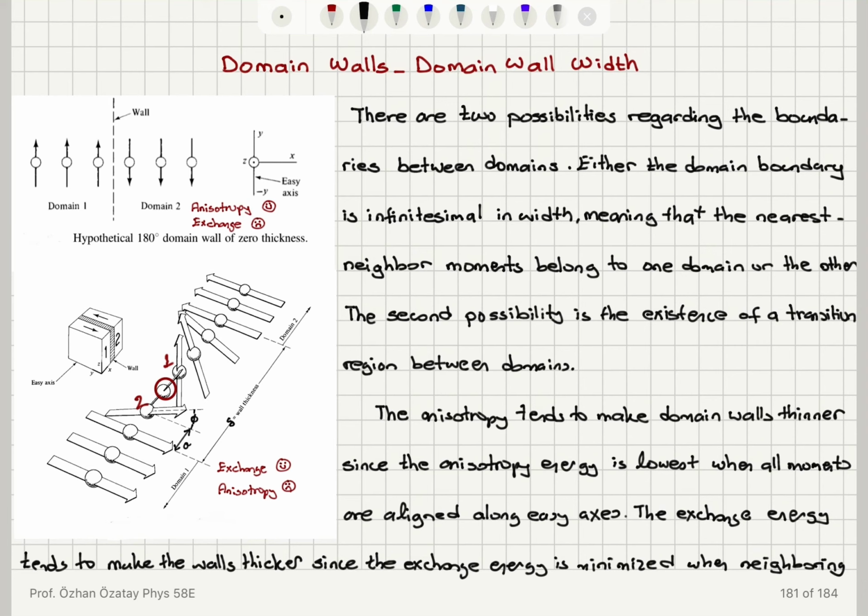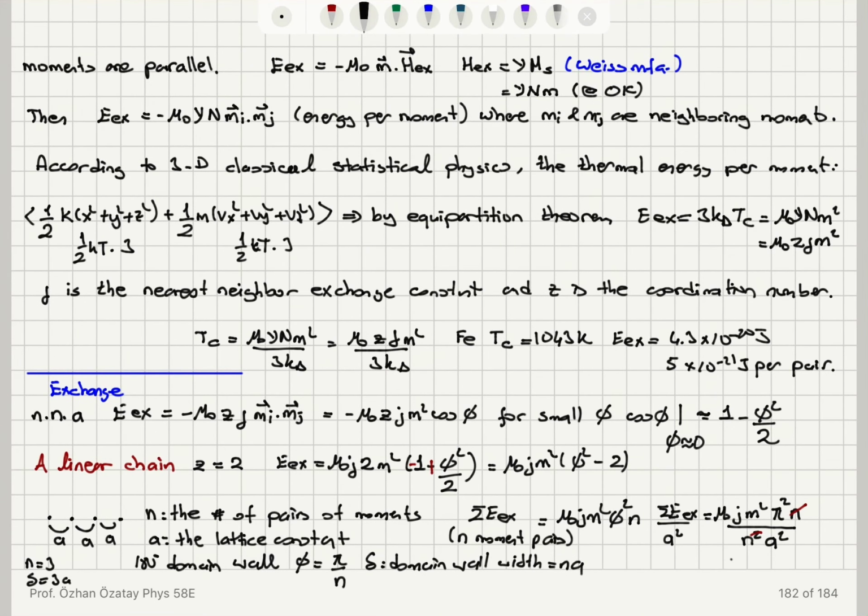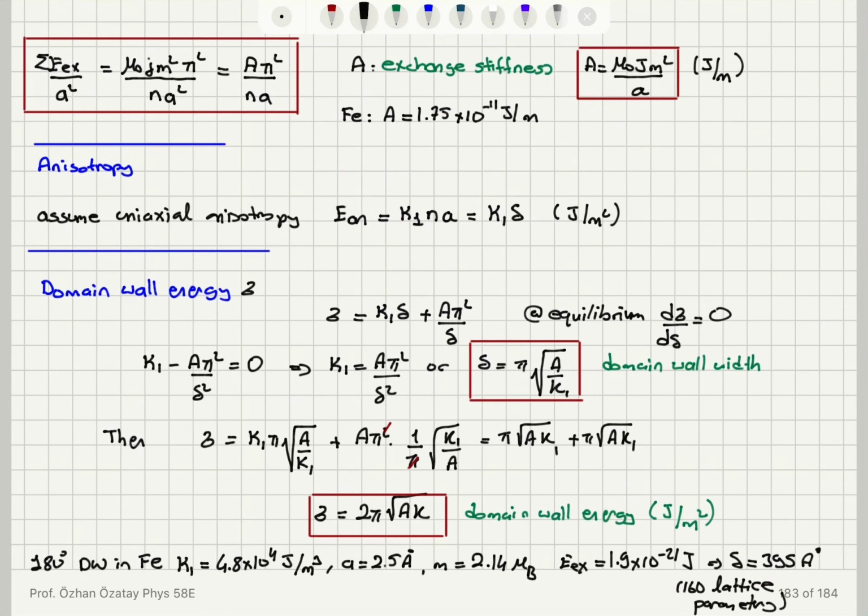The anisotropy energy drives a sudden change in magnetic moment going through a domain wall, so the best scenario for anisotropy is a zero width domain wall. And we calculated the exchange energy for a linear chain of magnetic moments, and found that it can be written as exchange stiffness energy per unit length times pi squared over domain wall width.